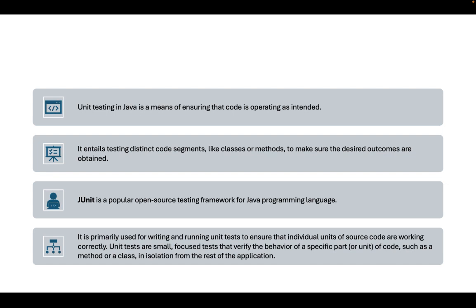JUnit is a popular open source testing framework for the Java programming language, and it is primarily used for writing and running unit tests to ensure that individual units of source code are working correctly. Unit tests are small, focused tests that verify the behavior of a specific part or unit of code, such as a method or a class, in isolation from the rest of the application.